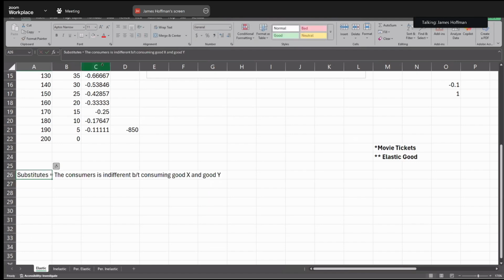So if the consumer is indifferent between consuming good X and Y, we define those as substitutes.